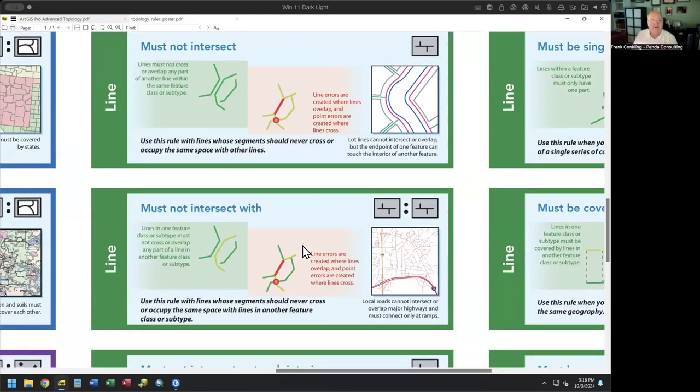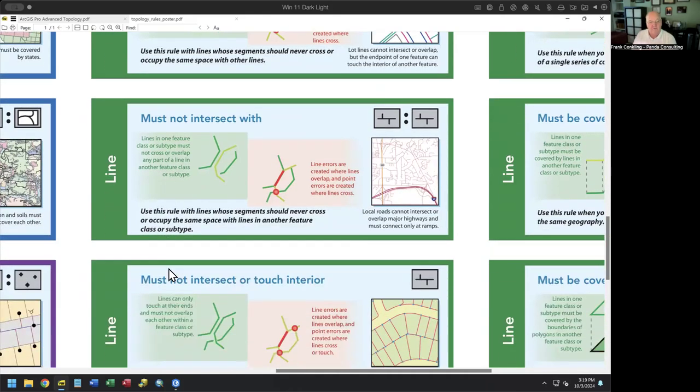All right, must not intersect with. Note, we're now looking and comparing between layers in here. So this says that lines from one feature class or subtype must not cross or overlap or in any way intersect features from another feature class or subtype. You don't want them to be on top of one another with this one.